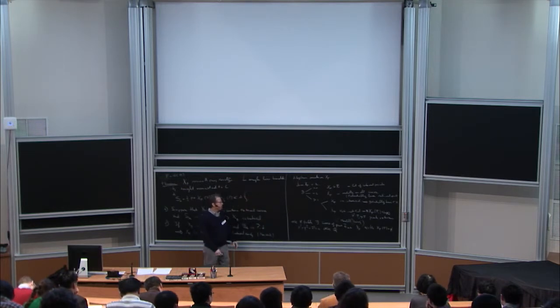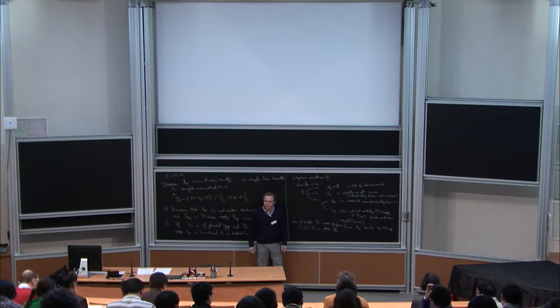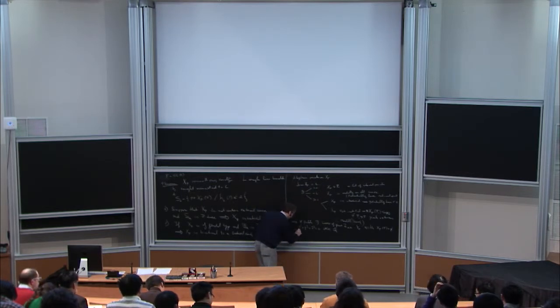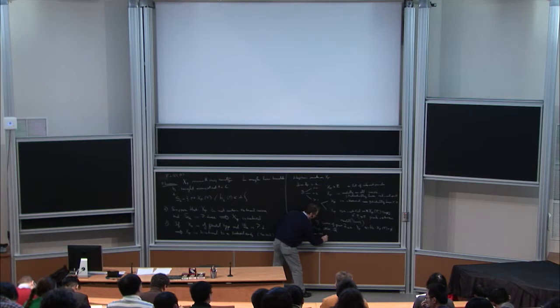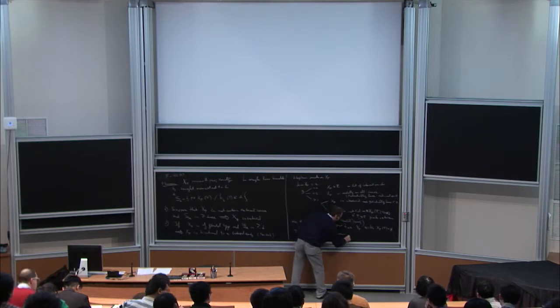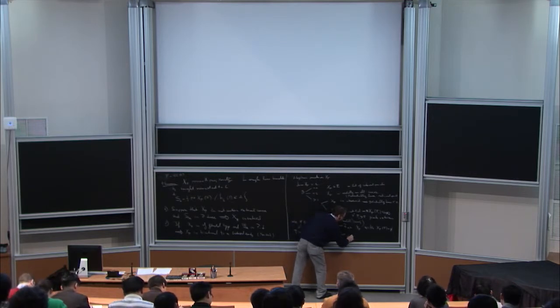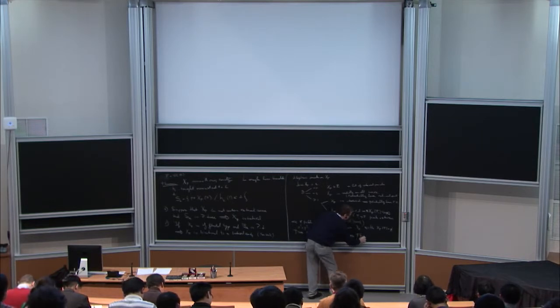But for function fields, you have Tsen's theorem, which says that every conic over F has a point.